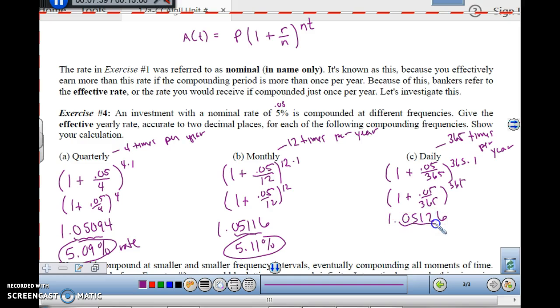So this is actually a change of 5.13%. You can see that the interest rate is a little bit different over the year because it's the effective rate. What's happening is it's a little over the 5% because it is compounded at different times per year.